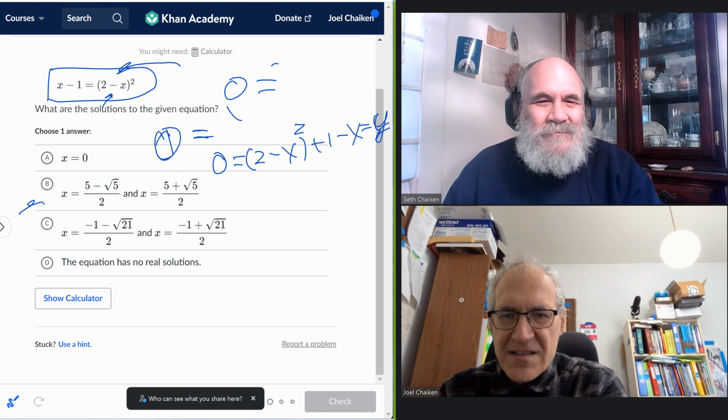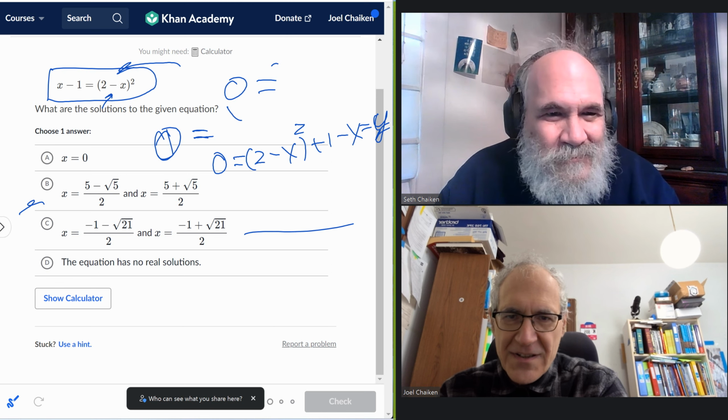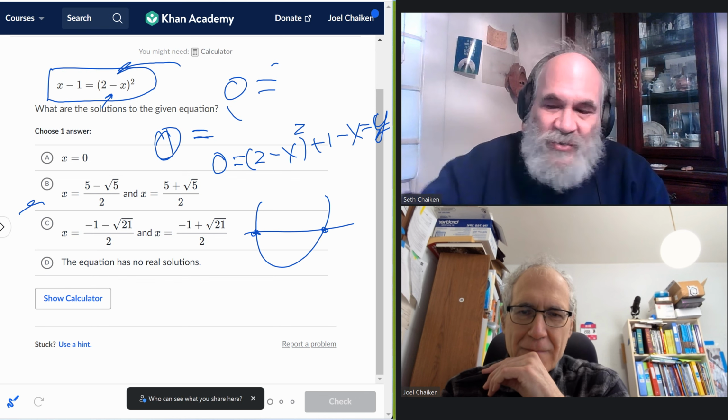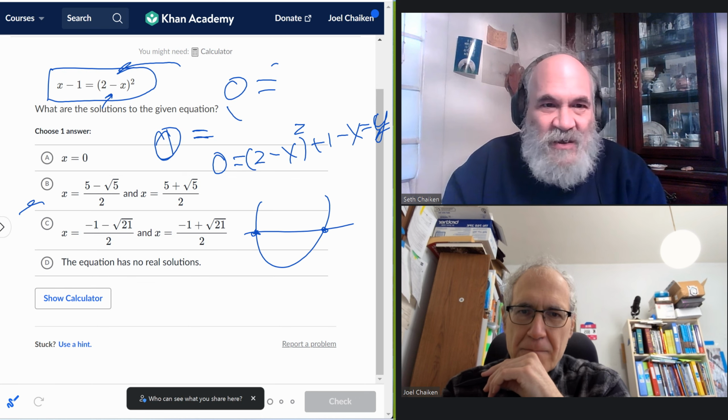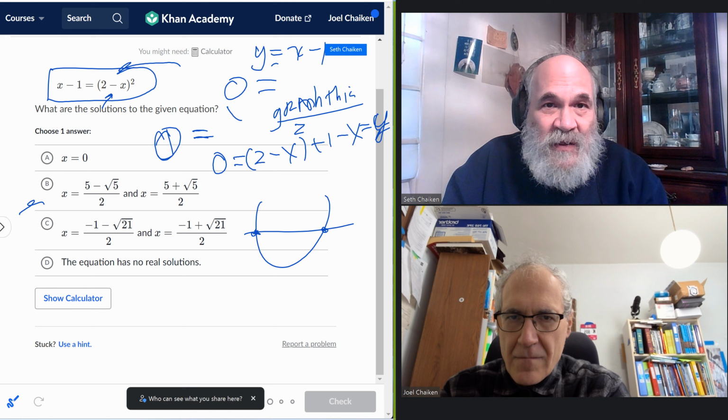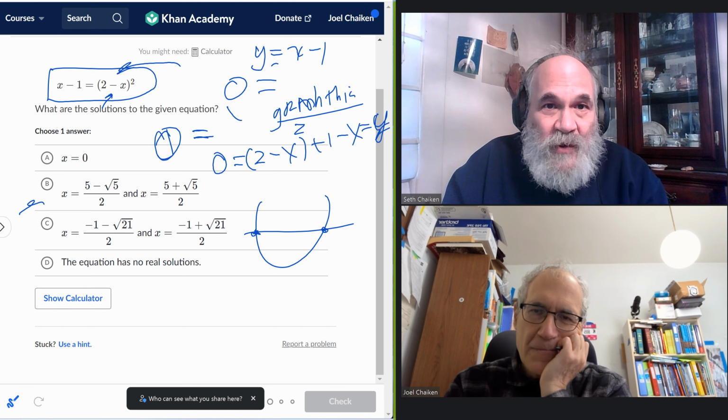Plot this and see where it crosses the axes, and then you can approximate. But that takes time. Another thing you could do is plot y equals x minus 1 and plot y equals 2 minus x squared.